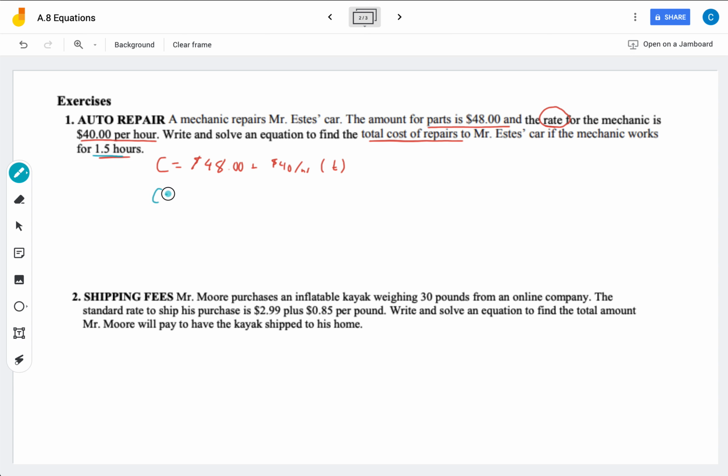So C equals 48, and we know that this is dollars, plus $40 per hour times 1.5 hours.